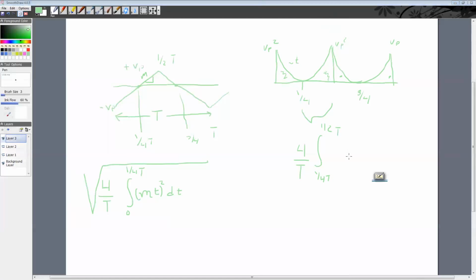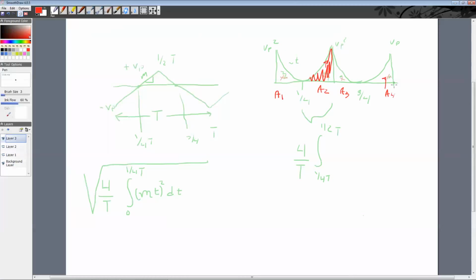Okay, so the question is, why am I multiplying it by 4, right? Because I'm not integrating this plus this plus this plus this. I am only integrating this area, right? And so I'll call that A1, A2, A3, and area 4, right?